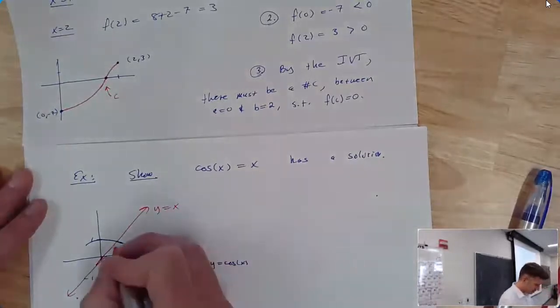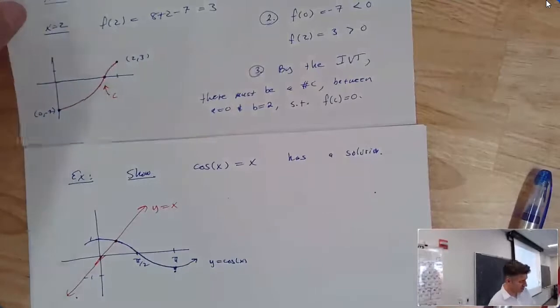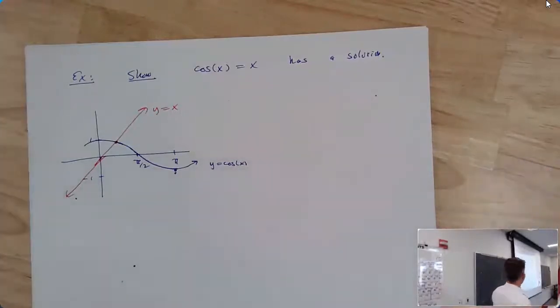It certainly looks like there's a point where they are crossing each other, a point of intersection. So it seems reasonable to say, well, there is a solution. But I don't know what it is. I could use a graphing calculator to approximate if I really wanted to, but that's not what I'm asking us to do. I'm asking us to show there's a solution.